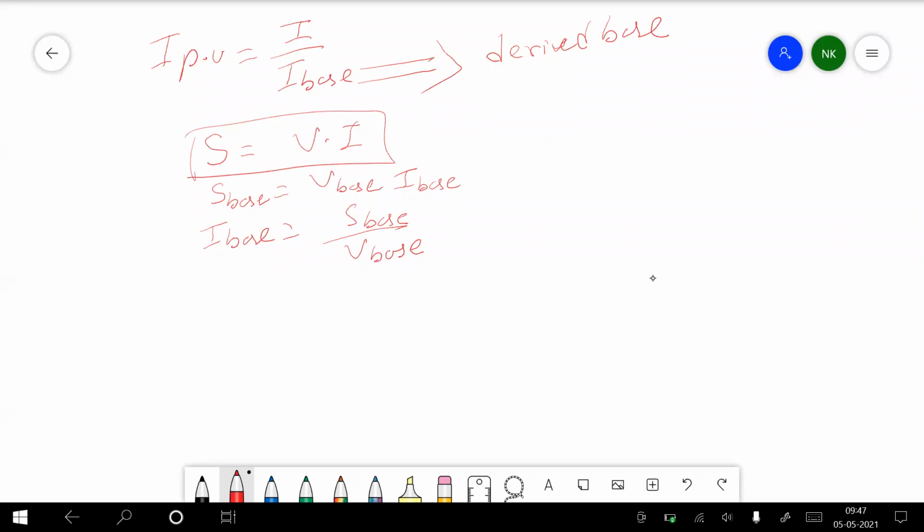So these are the terminologies now. This I per unit can be written as I by I base.